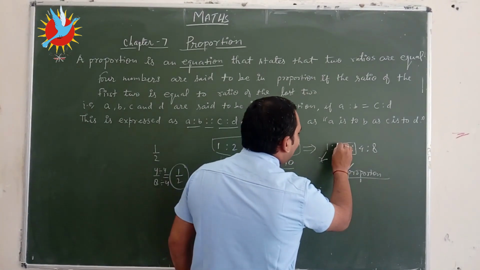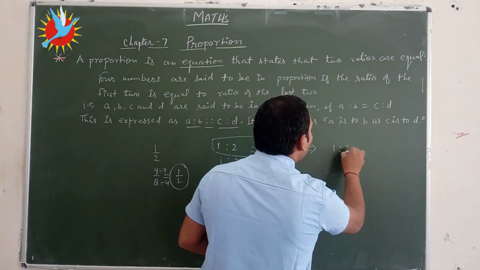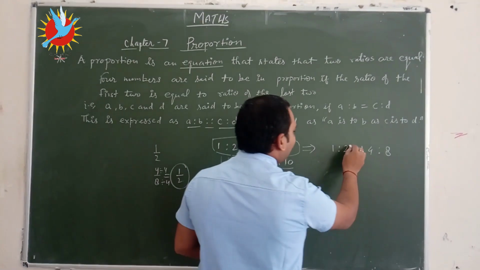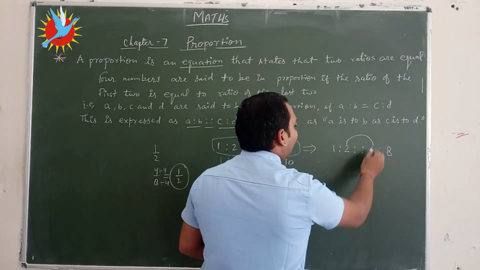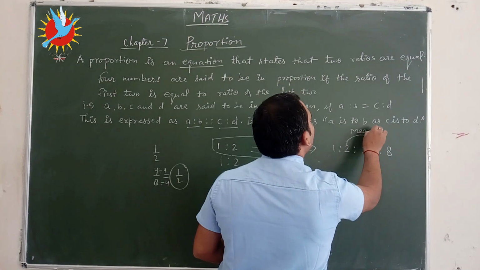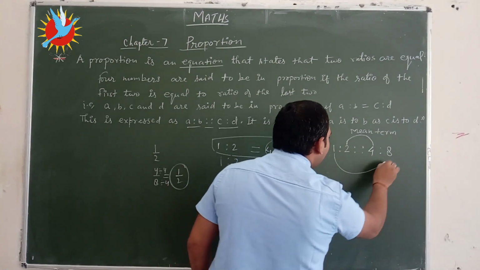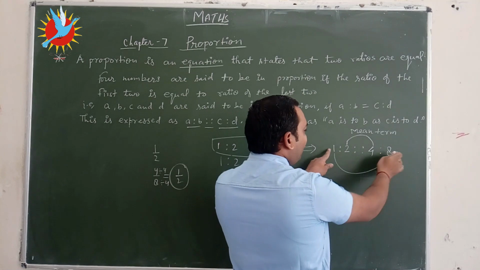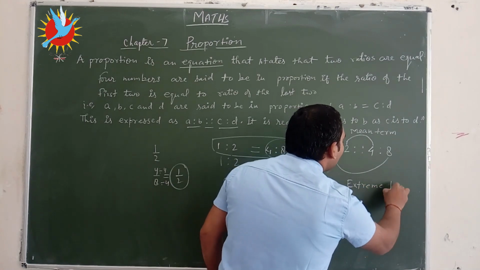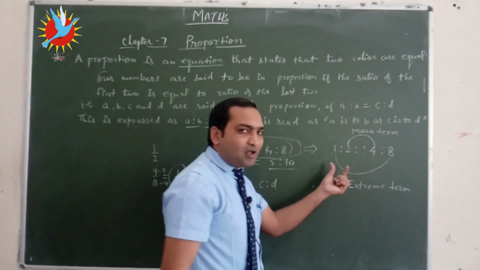In 1:2 proportion 4:8, the middle two terms, the second and third terms, are called the mean terms, and the outer two terms, the first and fourth terms, are called the extreme terms. So in a proportion there are four terms.